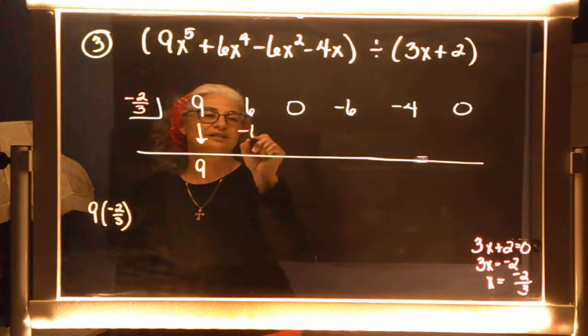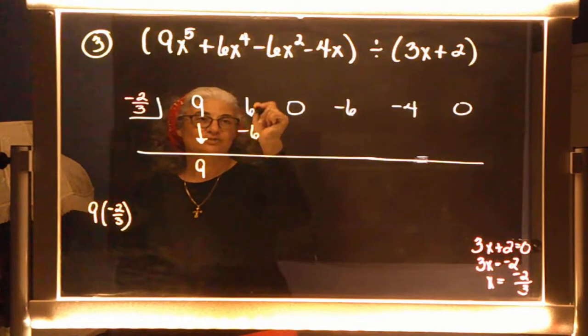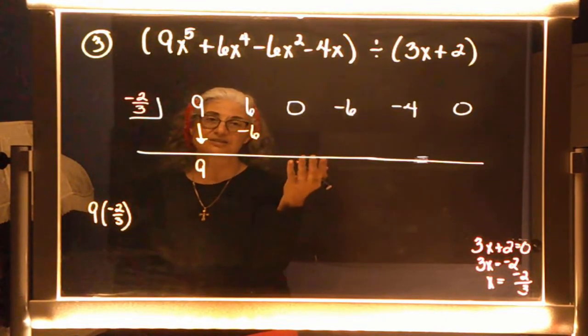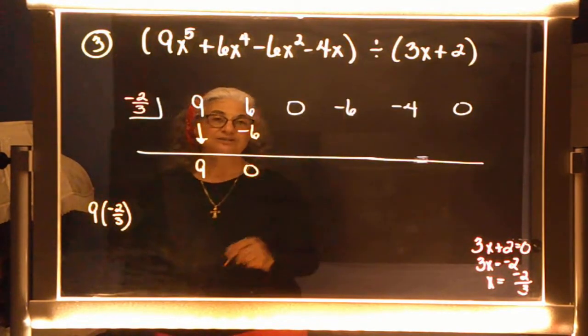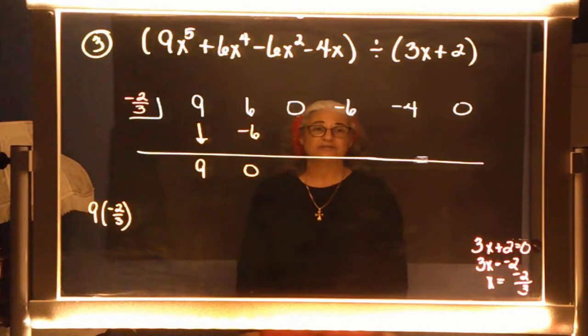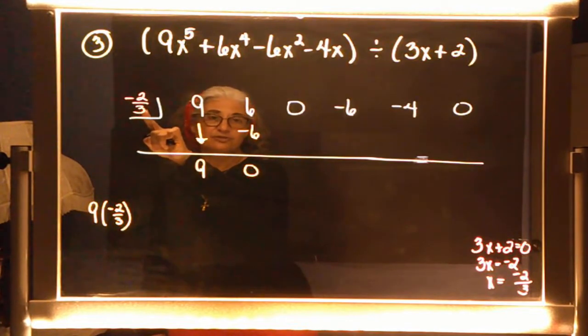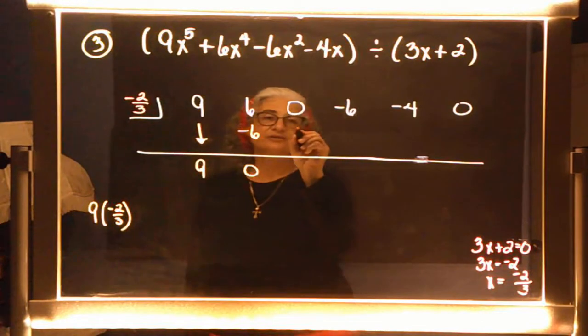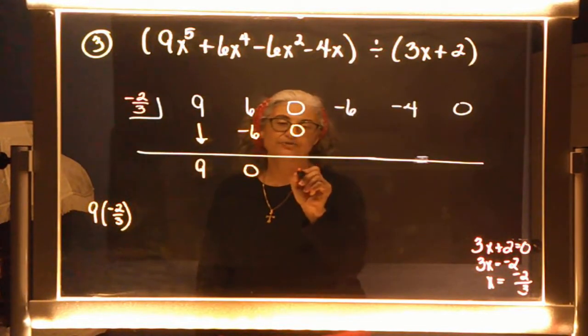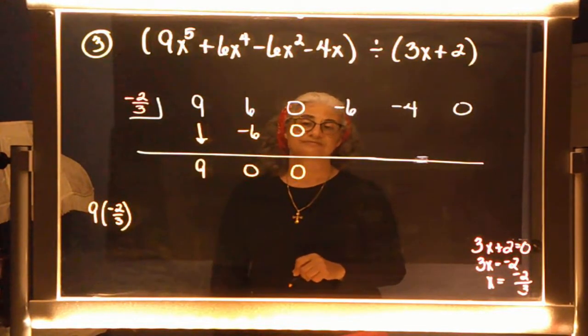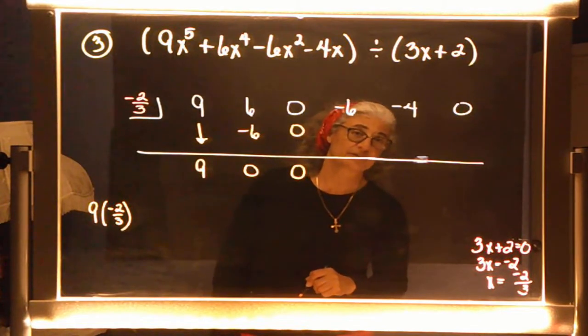I put it under the next number, and I do 6 plus negative 6, which is 0. Well, so be it. I get 0, I get 0. Yay! Once you put a number in the answer spot, you multiply by the outside, don't you? Well, what's 0 times negative 2/3? 0. Add those, I get 0. Hey, this ain't so bad so far, right?